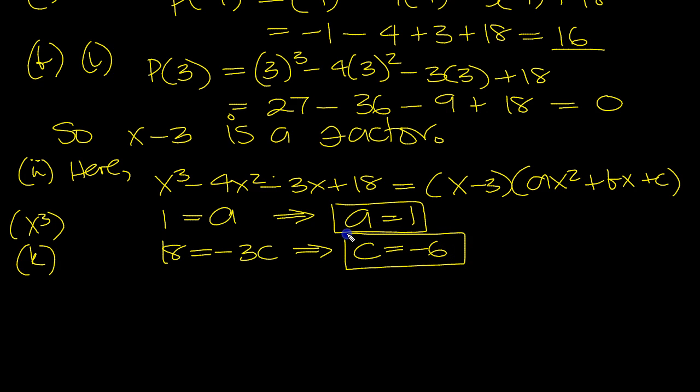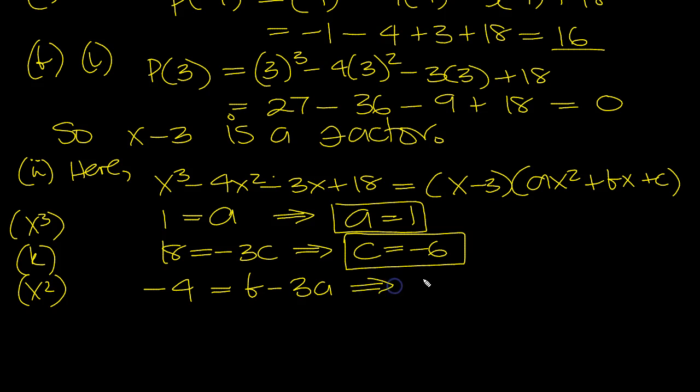So there's that one. And now to get the b, let's look at the x squared terms. Minus 4 lots on this side. And the x squared terms on the other arise from x times this term. So there's b lots there. Minus 3a.